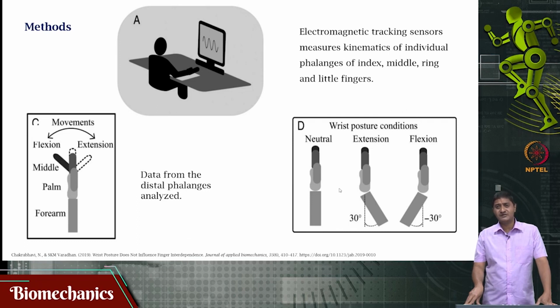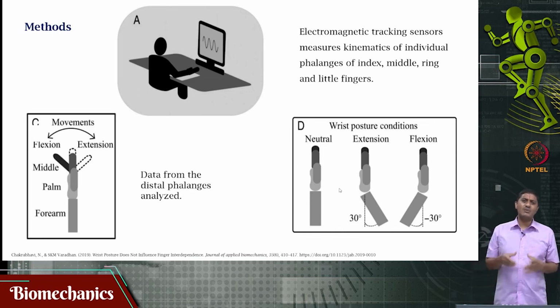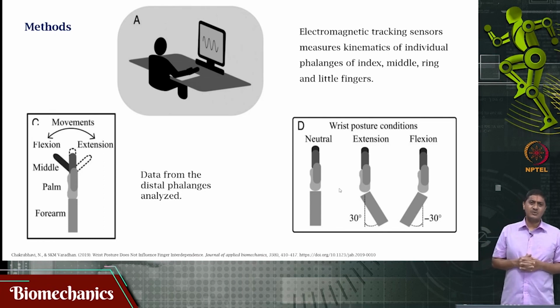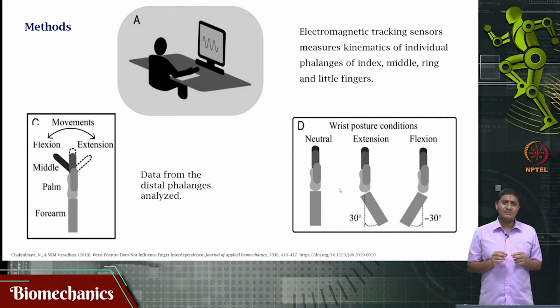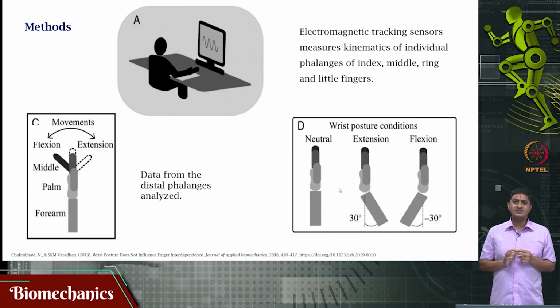So, 12 different electromagnetic tracking sensors we placed using velcro and surgical tape. These are really small sensors. Their diameter is 1.8 mm, so they can be actually fixed to a finger.